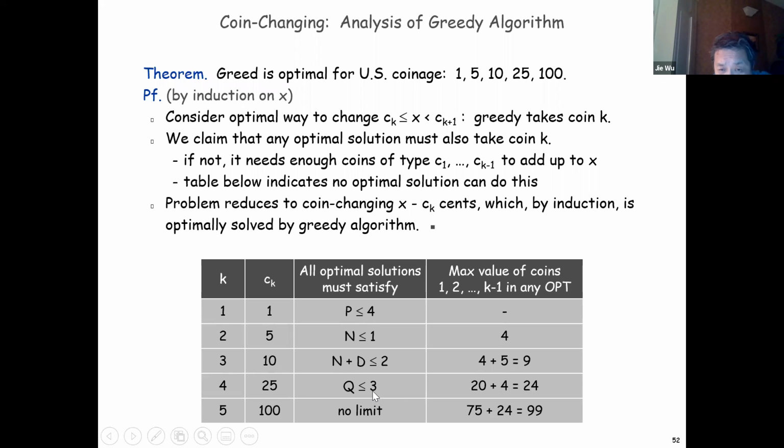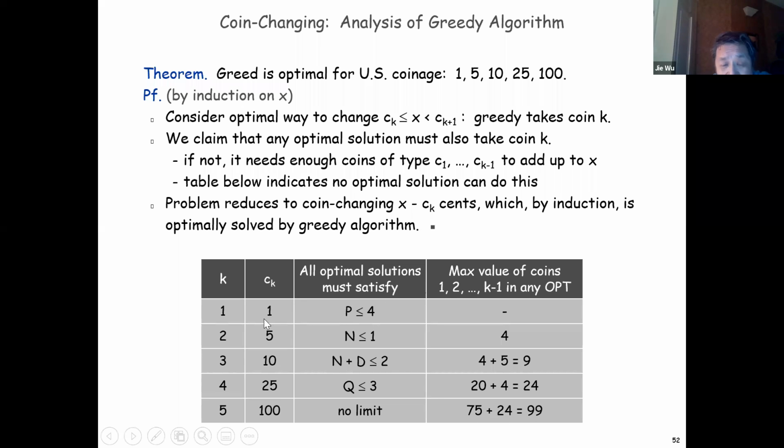So this just goes on and on. Same argument for quarters: 3 quarters add up to 75, right? You cannot use 4 quarters. Why? If you use 4 quarters, $1 is equivalent to 4 quarters, which is a better solution. This one can only add up to 99, and cannot replace 100.